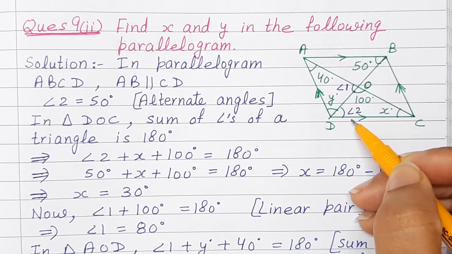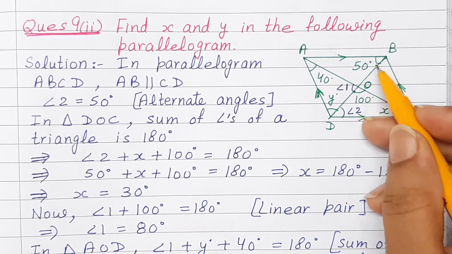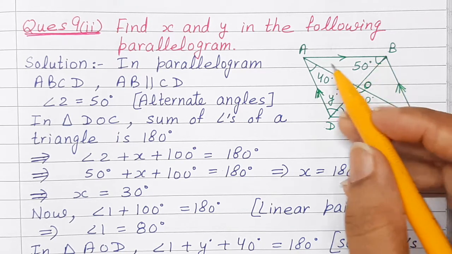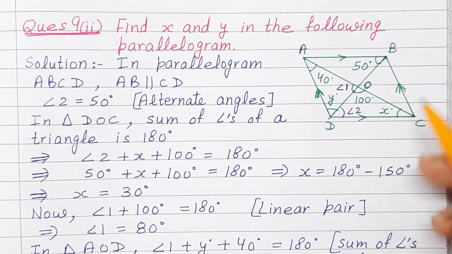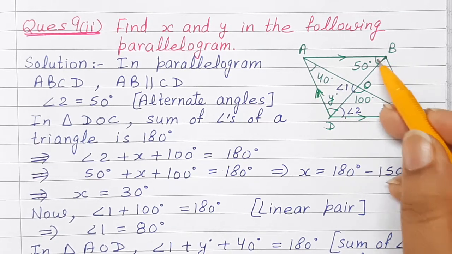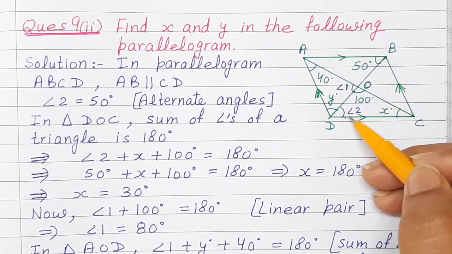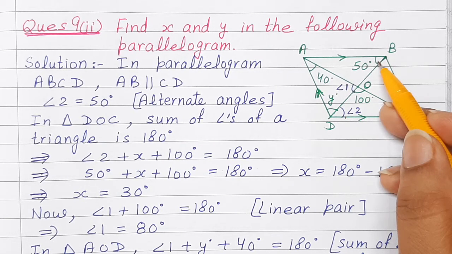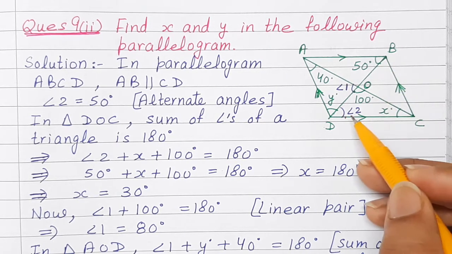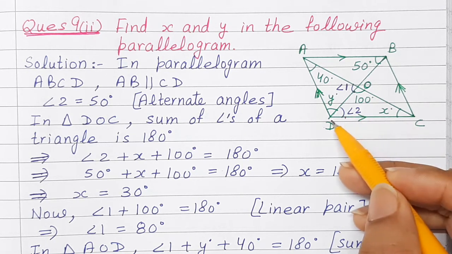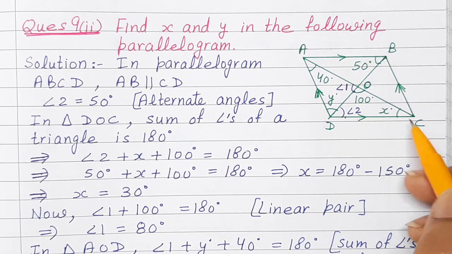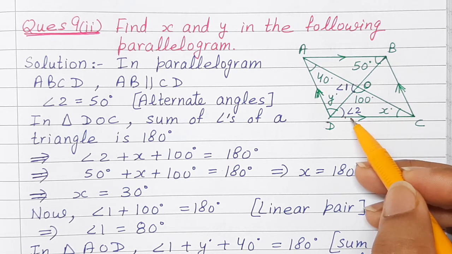angle 2 is 50 degrees. Why so? Since AB is parallel to CD, it's a parallelogram, alternate angles are equal. So angle 2 is 50 degrees. Now children, by using the angle sum property of a triangle in triangle DOC, angle 2 we have just now found 50 degrees.